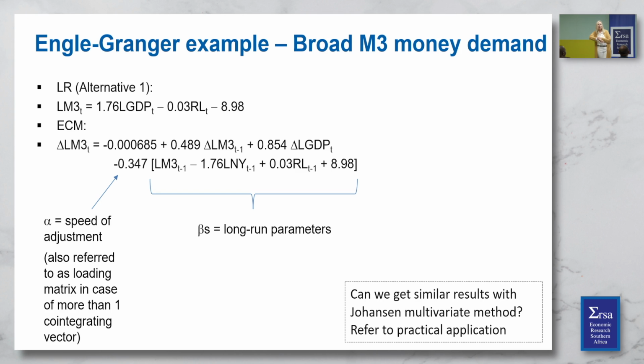It will not be similar to the last digit, but it's not that the Johansen will ever give us 4.6 or something. Let's just keep this in mind, minus 1.76. And remember, this is now on the same side of the equal sign, so the coefficient is actually plus 1.76, and this is minus 0.03.